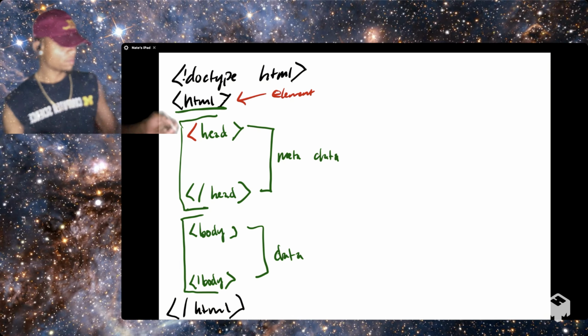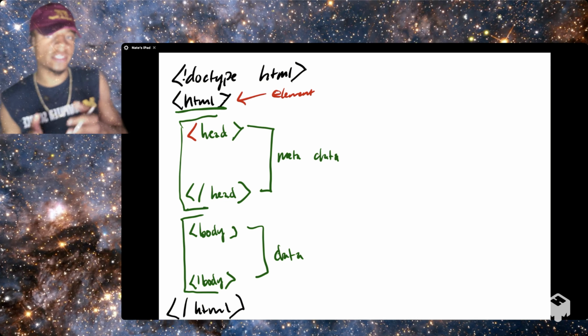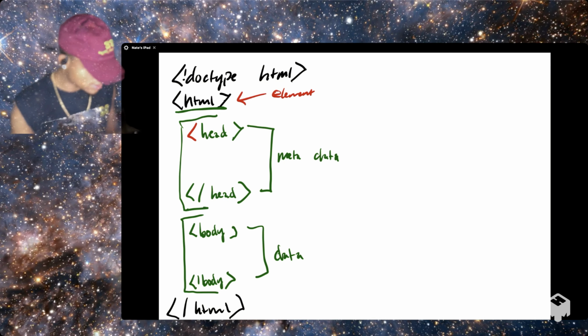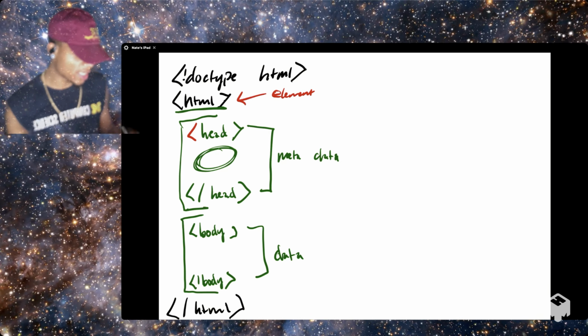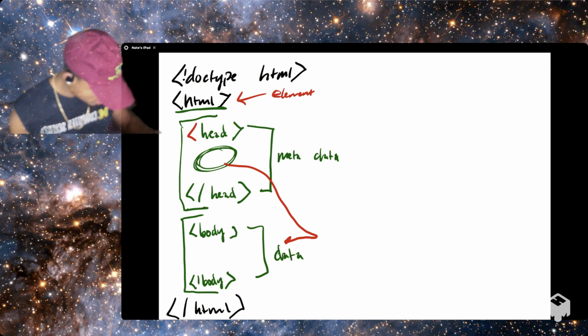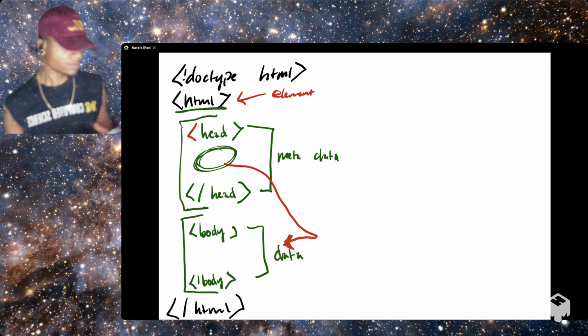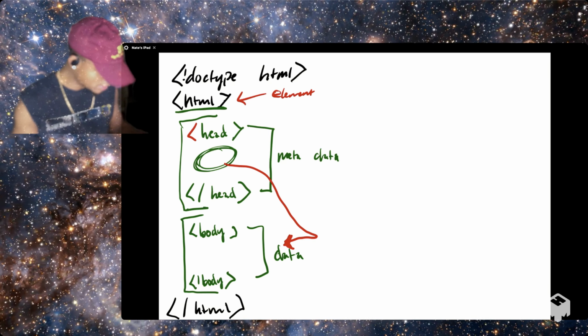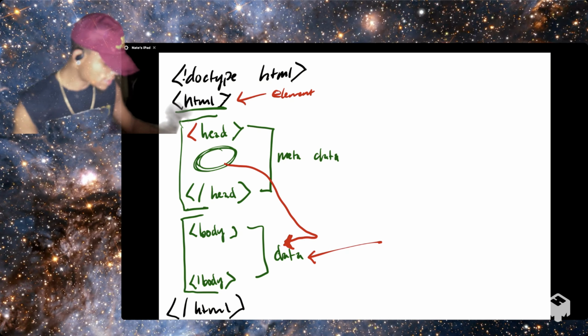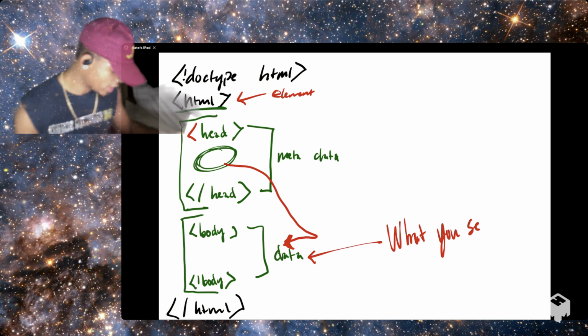Metadata literally means data that describes data. So the information in between the head will be describing the data that's right here inside the body. The body is the data; this is what you see on the HTML page.